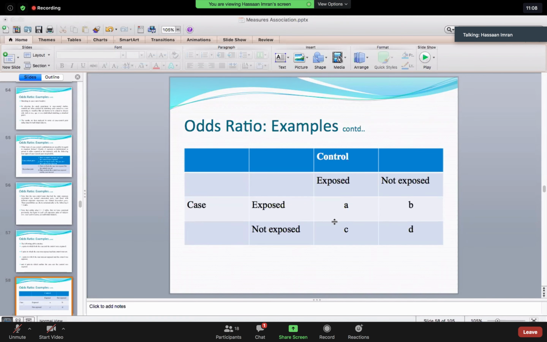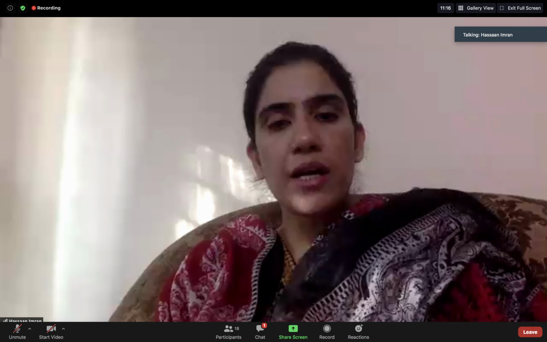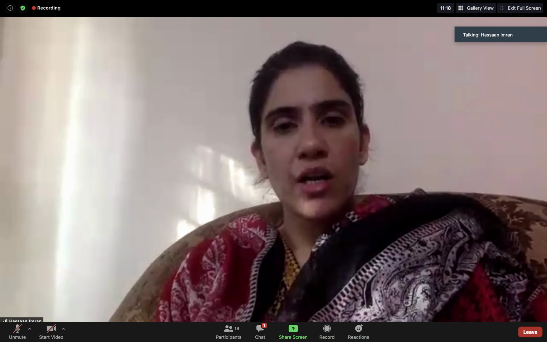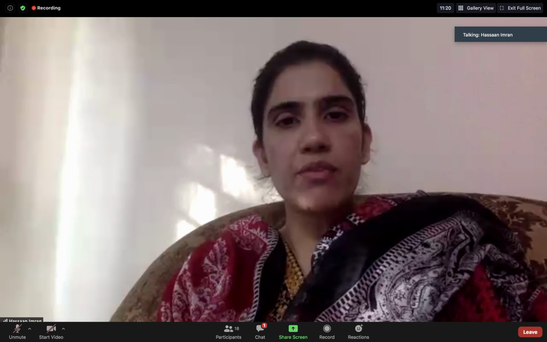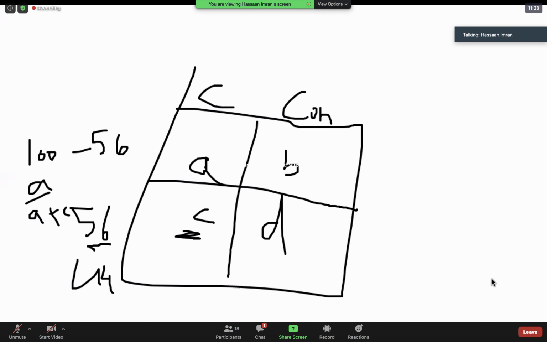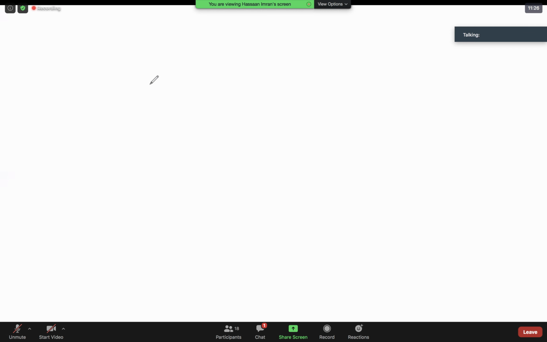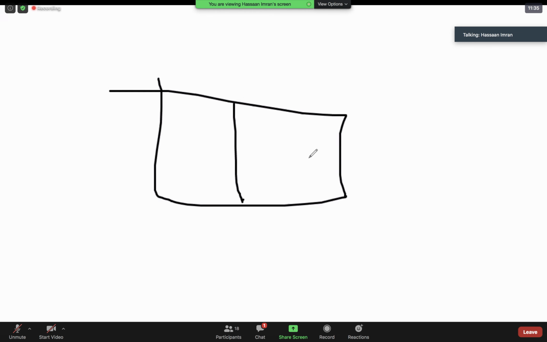But if there is a matched case control study, we intend to have an odds ratio whose formula is somewhat different from the formula that we were taking in our unmatched odds ratio.